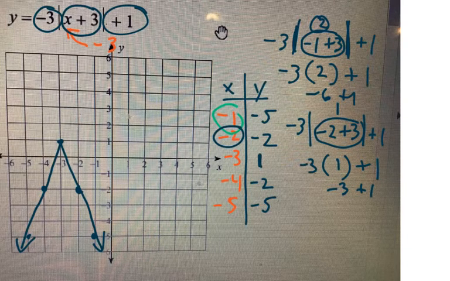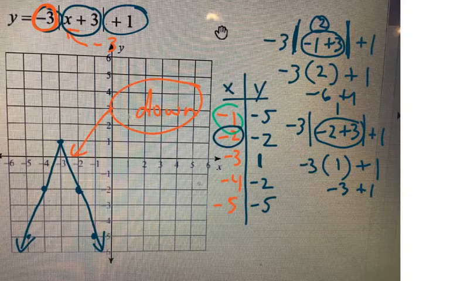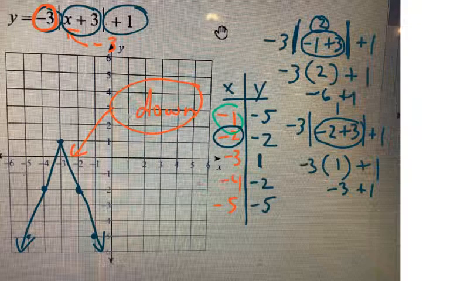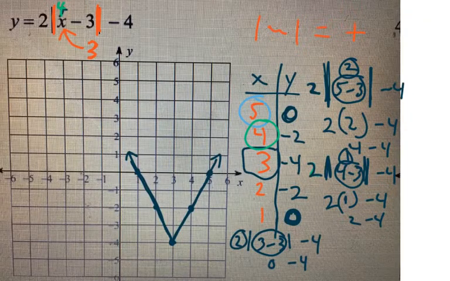Take good notes. But before I conclude my video, guys, I just want to point out, did you notice that this V right here is opening down? Why is that? Why would it be opening down? Well, there's a negative in front, right? A negative is going to make it open down. That's something you ought to remember. Contrast that to the first one we did.